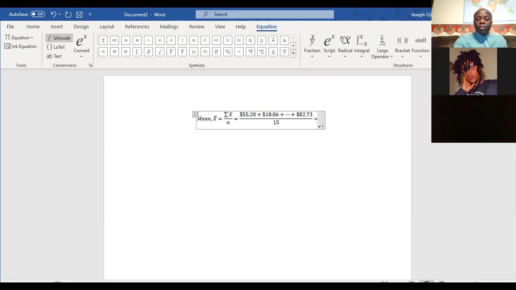When I did this, after adding all of this and dividing by 15, I got the answer $165.57. I'm going to take it to our main workbook so you can see the results there.